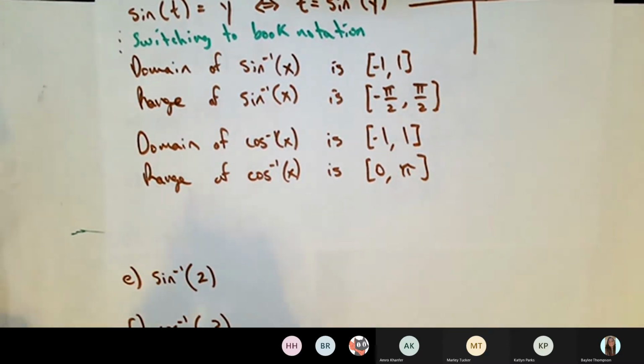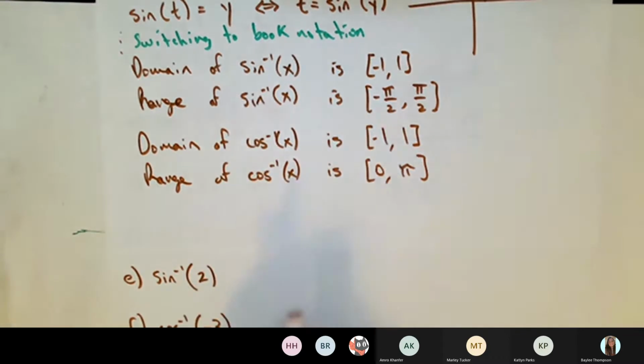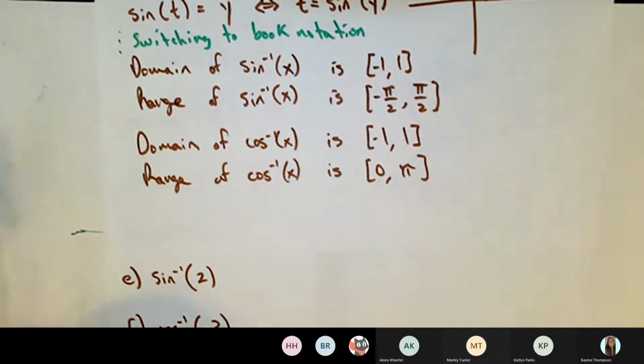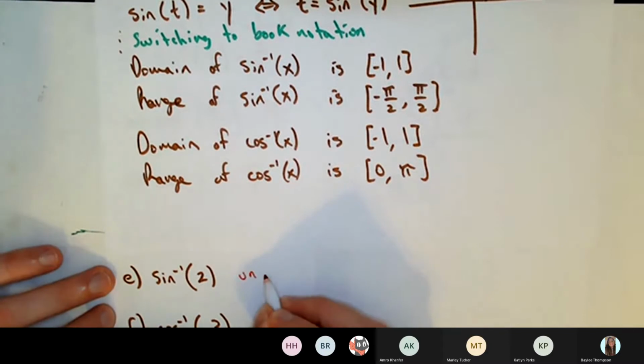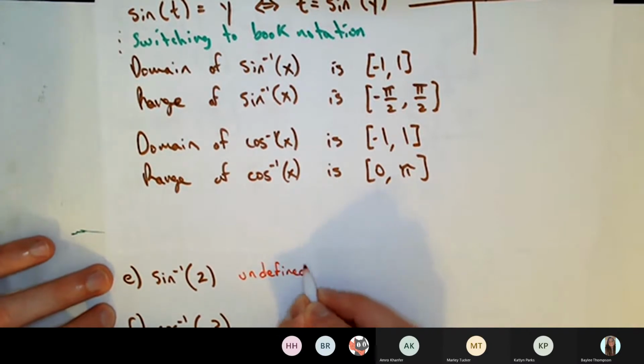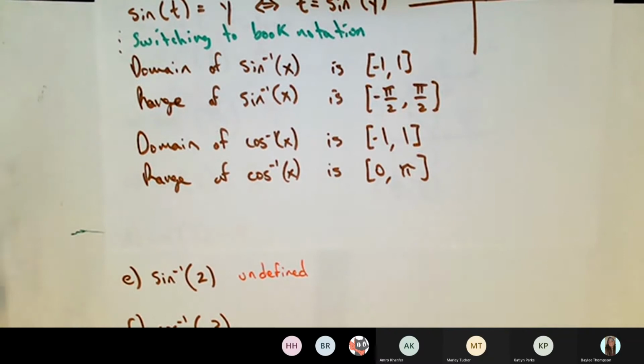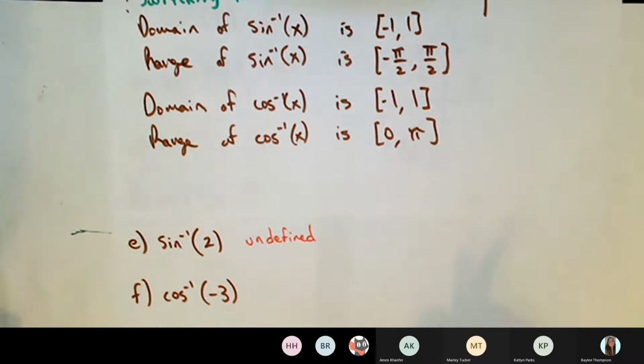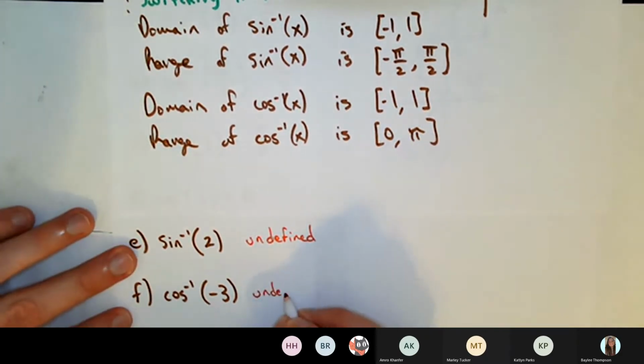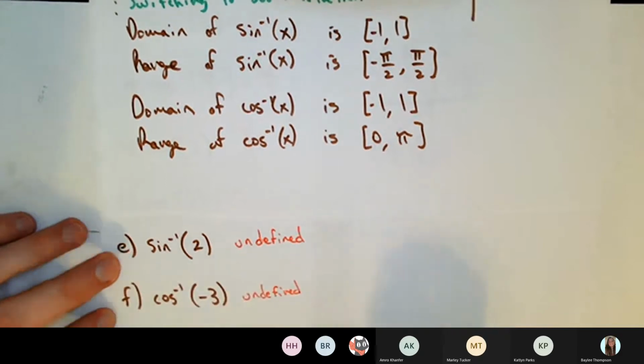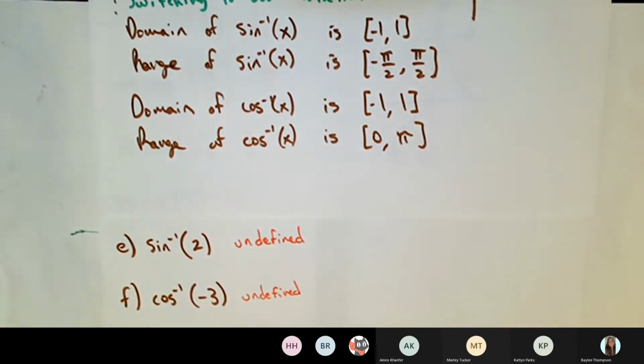That means the stuff that you're allowed to plug into the sine inverse function has to be in -1 to 1. This 2 is outside of that domain, hence we say undefined. Similarly, for cosine inverse, the only allowable values that you can plug into this function are -1 to 1. -3 is outside of that domain, so we say undefined. Okay.